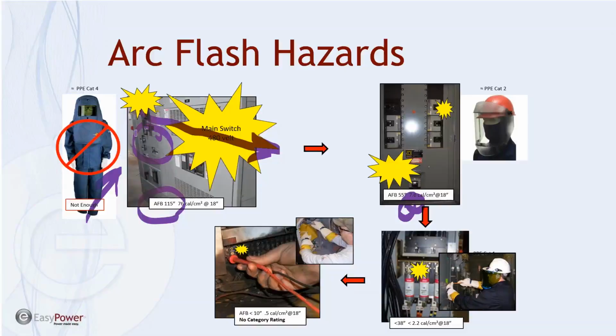And that's the other thing to think about. These labels and this study give you information of what the arc flash level would be at 18 inches, but it doesn't tell you what it is at 2 inches. So where the fingers are, even though it's only 0.5 calories at 18 inches, at the point of contact, where the fingers are, it was enough in this case to cause a second-degree burn.